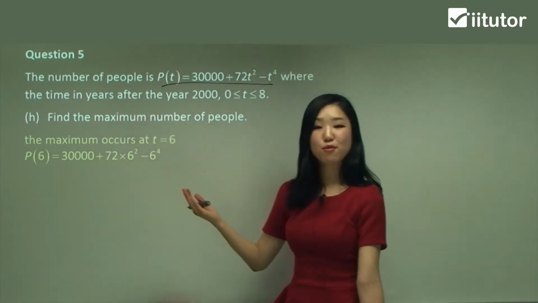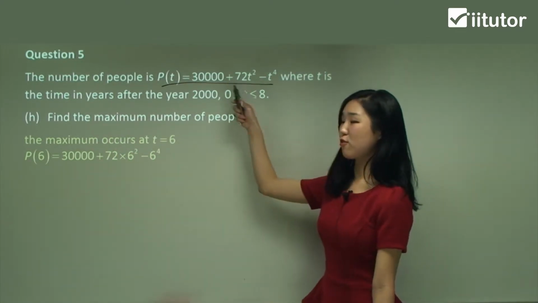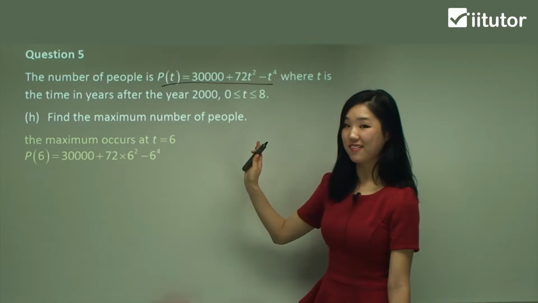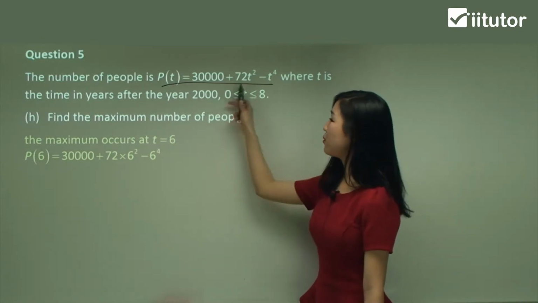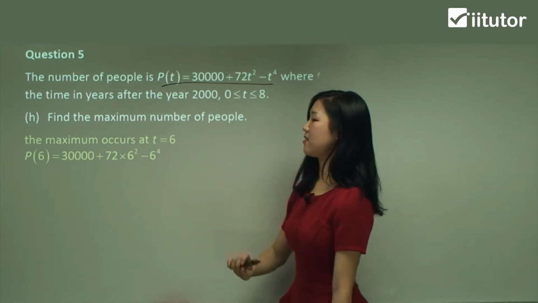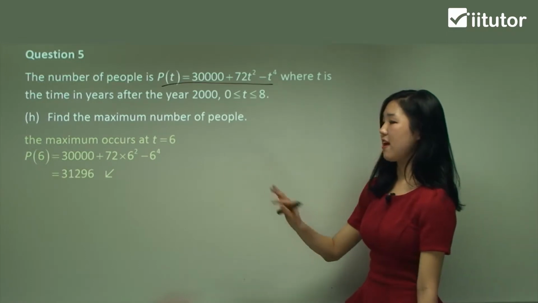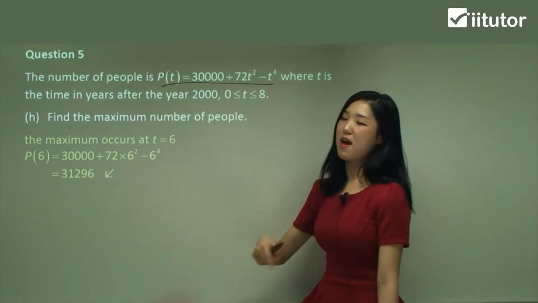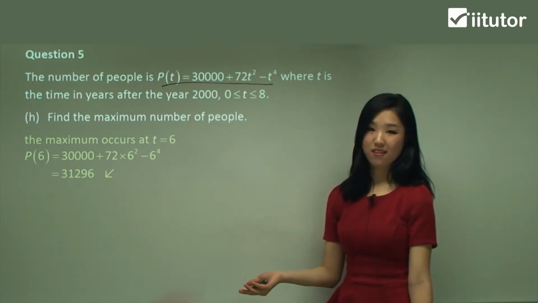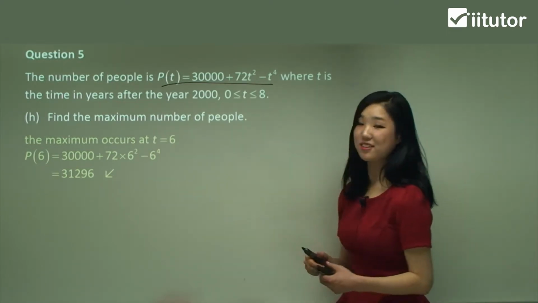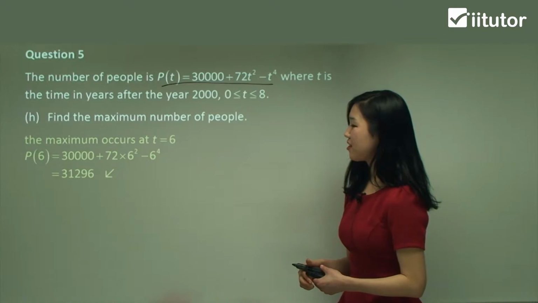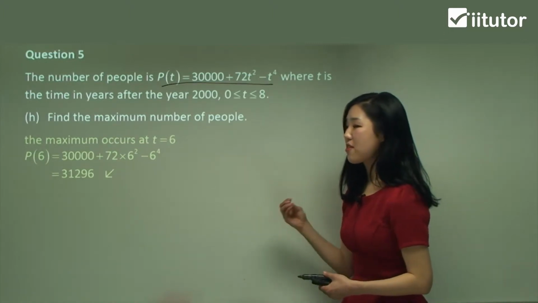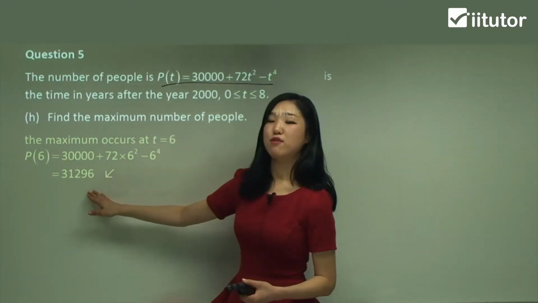So to find the number of people at T equals 6, make sure you sub it into this one, not anything else. Okay, so sub it in, put T equals 6, calculate that, you should get that number there. Okay, so at T equals 6, that's the amount of people that is there, okay, at this particular population. Alright, so specifically at 2006, this is the amount of people.